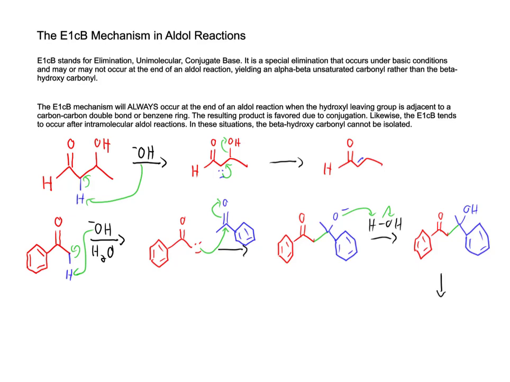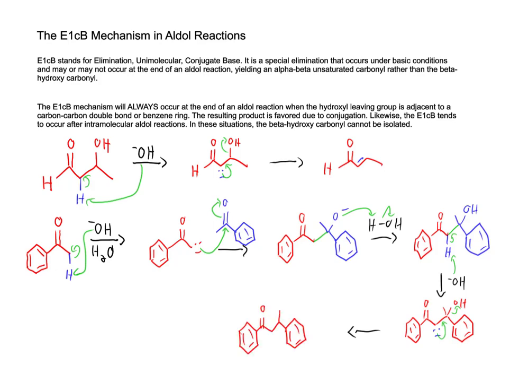So we're simply going to take that OH minus and remove this other alpha hydrogen. And of course, once that enolate is created, it is going to form a double bond and kick off the OH group, giving us an alpha-beta unsaturated carbonyl.